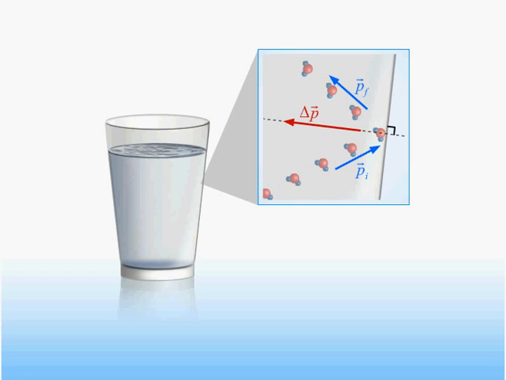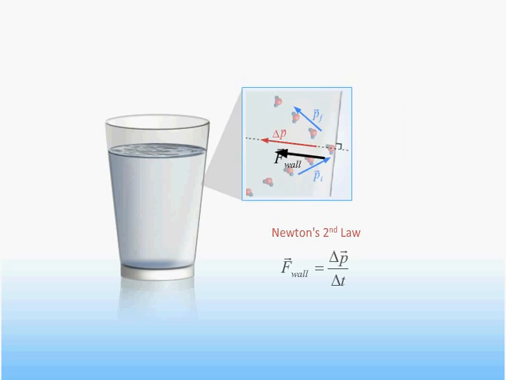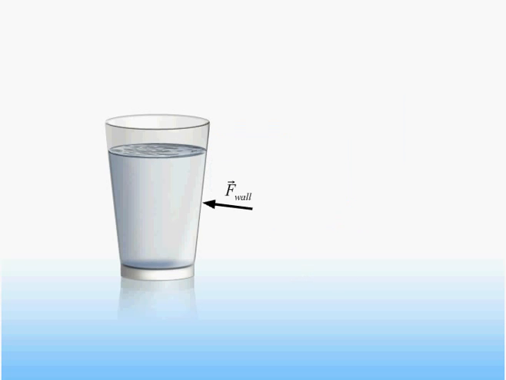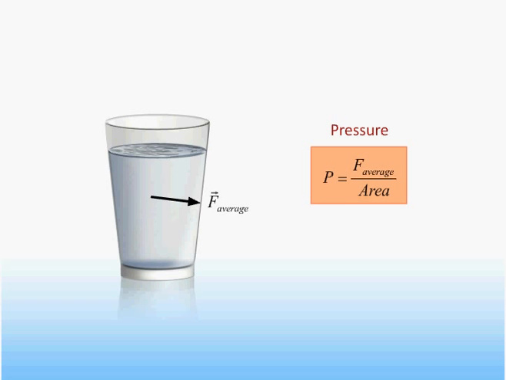Therefore, during the collision, there must have been a perpendicular force exerted by the wall on the molecule to cause its change in momentum. Since we are interested only in macroscopic properties, we will account for these collisions by determining the average force acting over a time interval. We will then define the pressure as this average force per unit area on the wall.